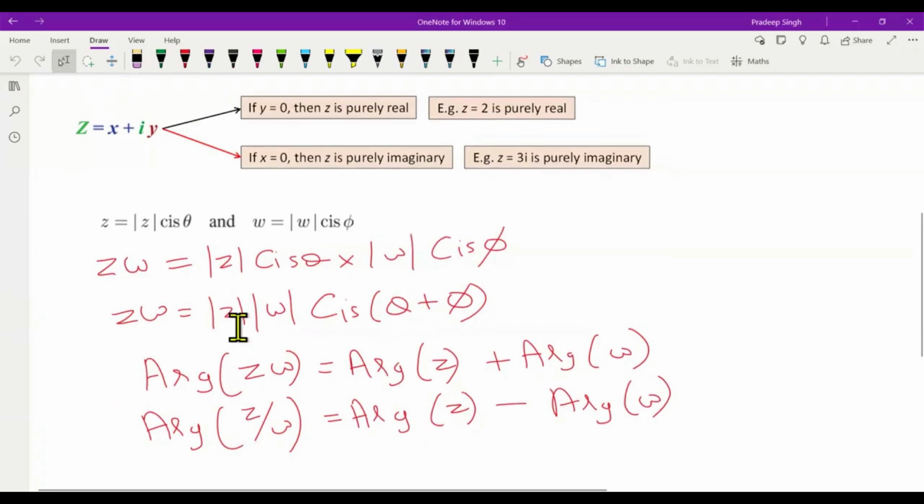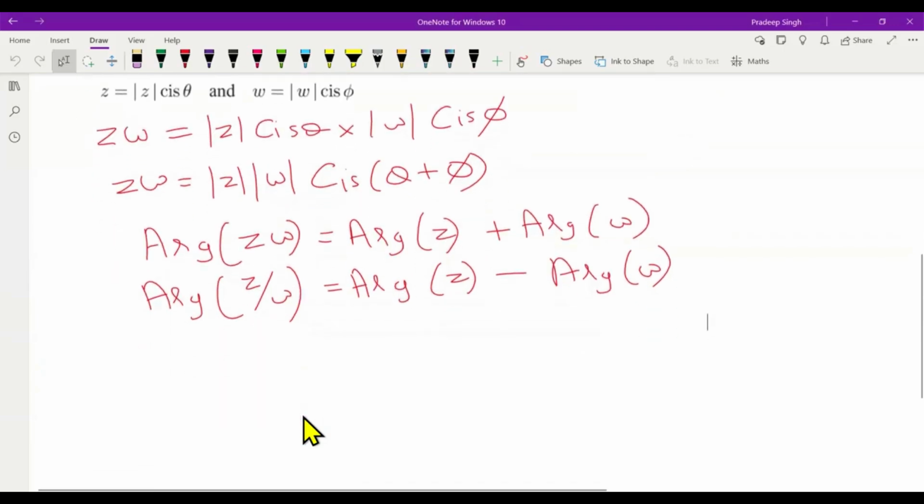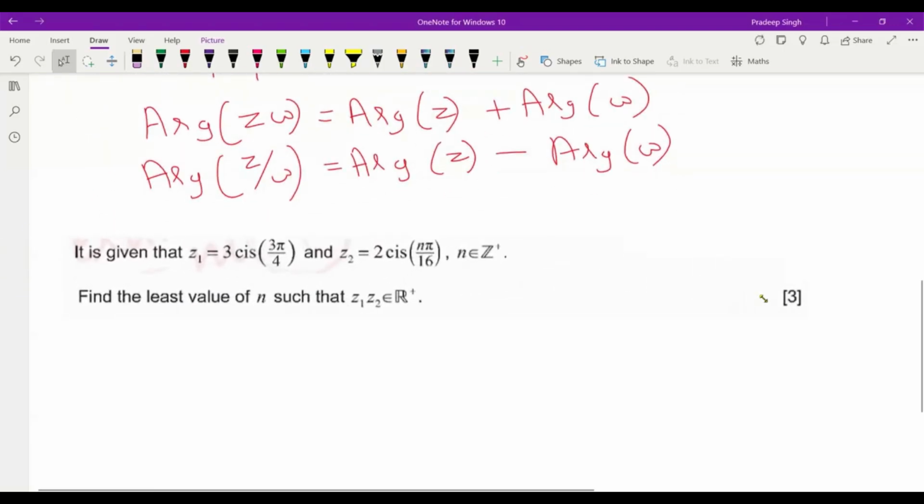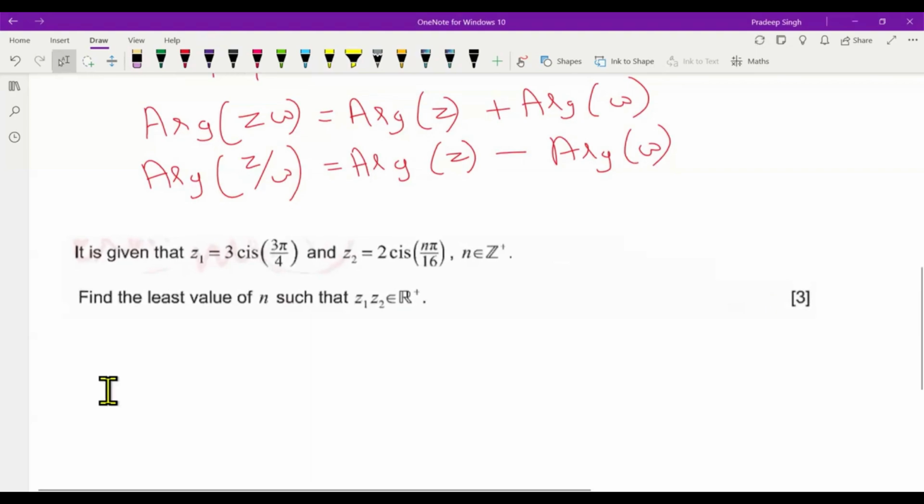Perfect. That's it. So far we have done a basic revision. Now I will introduce a question which we have already done in the previous class. So we are redoing it. Okay, here we go. Try doing this now. Try to recall what we did.